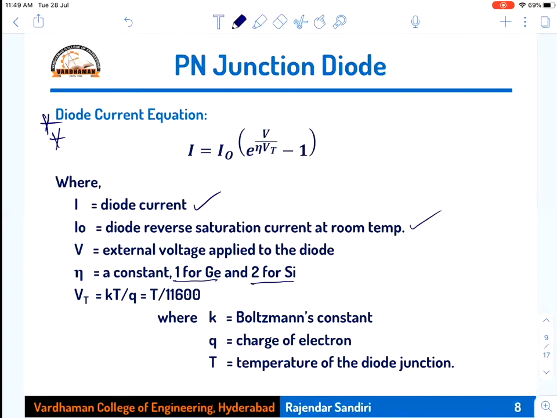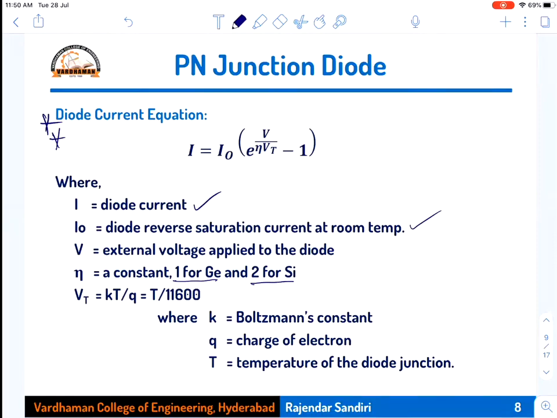Vt is nothing but the thermal voltage or temperature equivalent of voltage. Vt is equal to kT by Q, where K is the Boltzmann constant, T is the temperature in Kelvin, and Q is the charge of an electron.